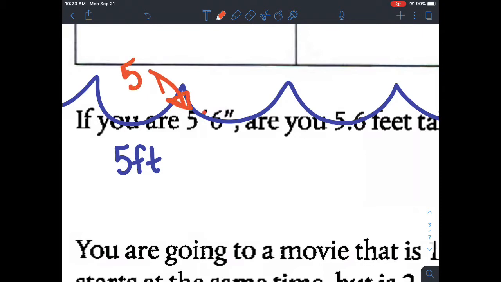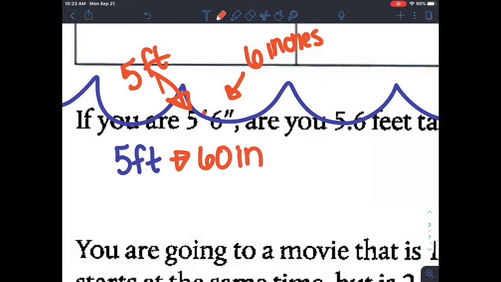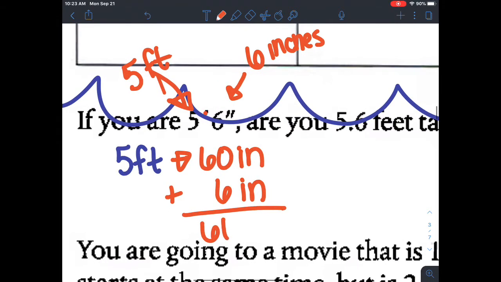So 5 feet, and this is 6 inches. There's 12 inches in a foot, so 5 feet is 60 inches. And then we're going to add on those 6 inches that were left. So we are 66 inches tall. If you're 5'6", you are 66 inches tall.